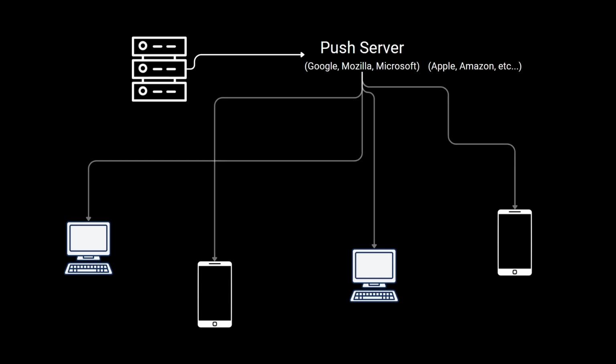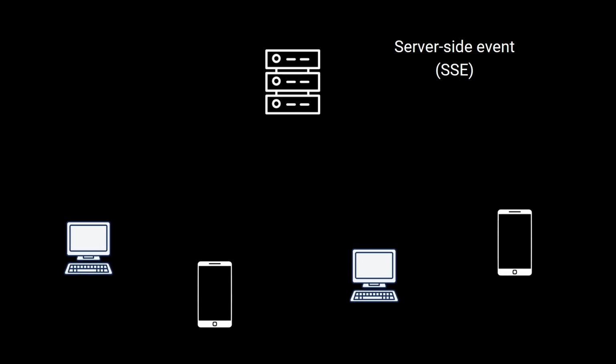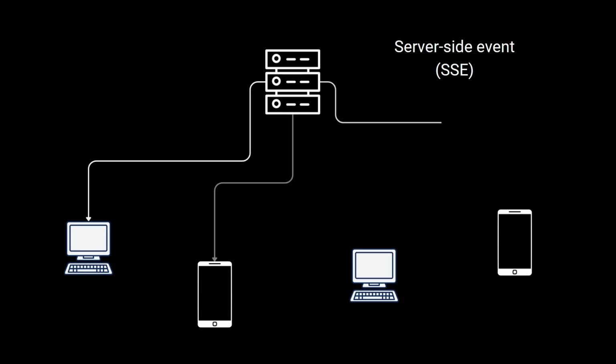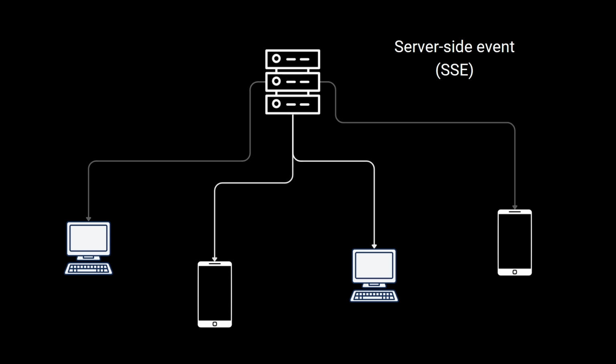So let's take a look at a different approach on how we can send real-time data to our client. Now we have server-side event SSE, where we have our web server and we have devices, and we establish connections directly from our server to our client without any push server because we handle everything ourselves. This means we need to retain all connections that we have between our server and our clients.